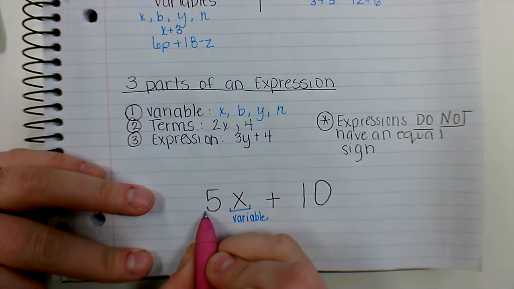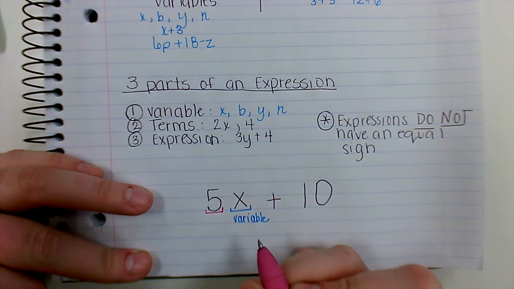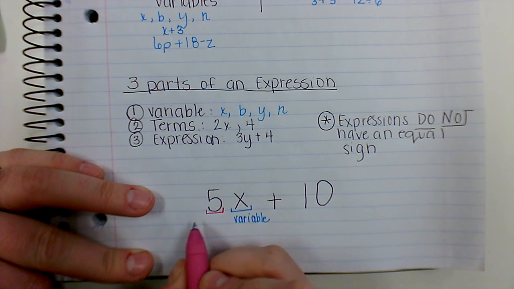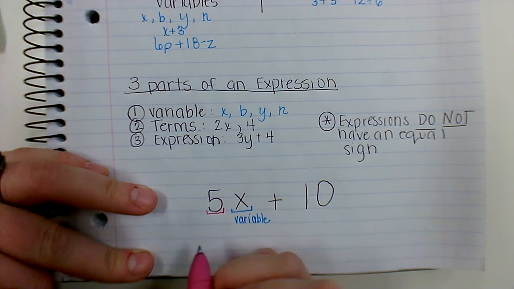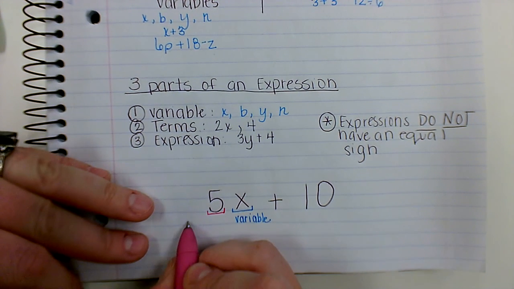The 5 in front of my variable, and this goes for any number in front of a variable, and this is a review, so you should know this, is called the coefficient.